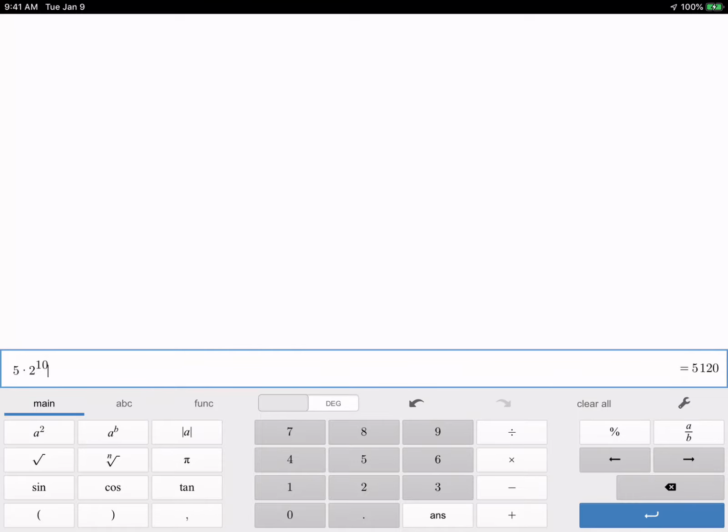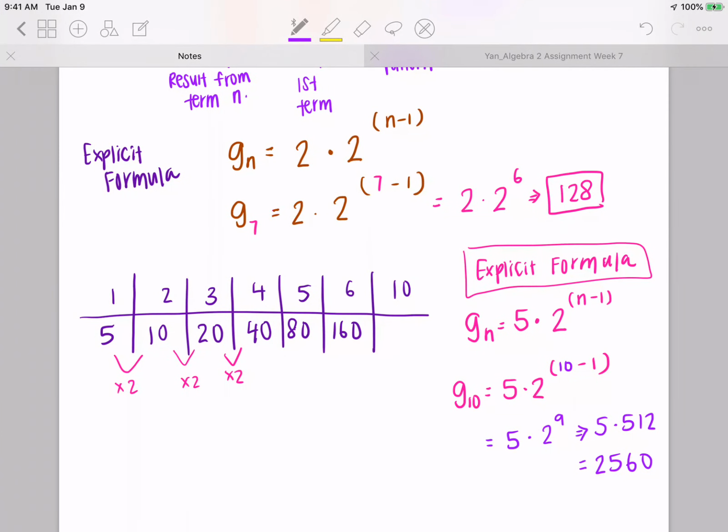Keep it up here. Minus, I can't do that. Oh, because I put a minus. Well, we know it's a 9, so you can just put a 9 up there. And we still get the same answer. Okay? So you can go back and write 2,560 in that box.